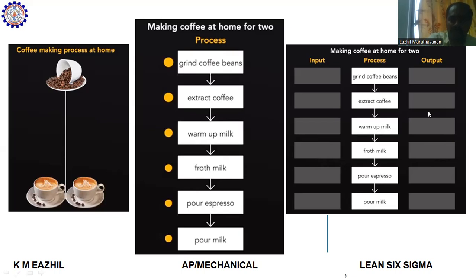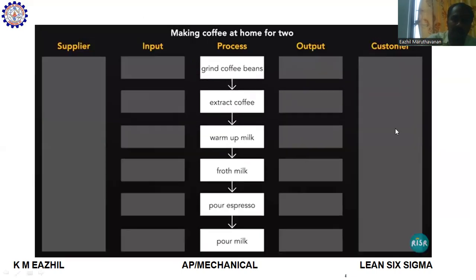For making this coffee, we have to give some input parameters. This is the process, and to satisfy this process, we have to give some input parameters. By having some input parameters and following this process, we will get a desired output. Let's get into the next image.